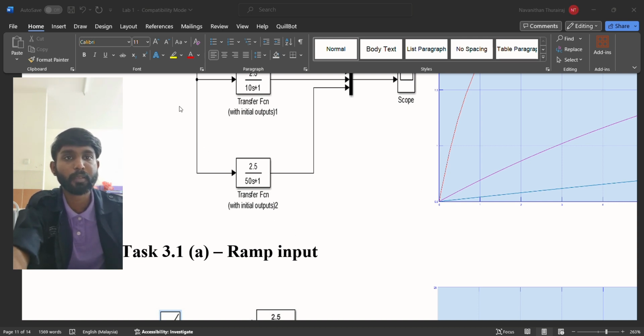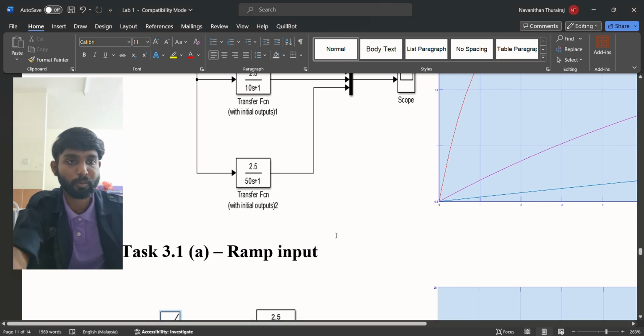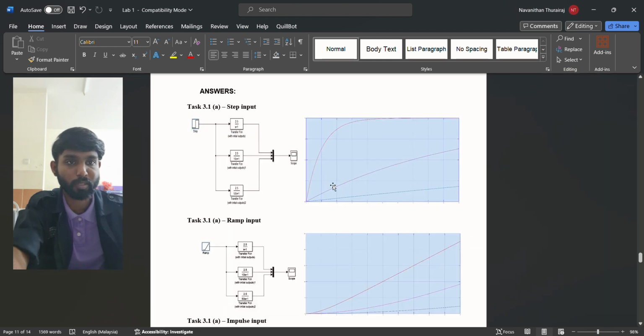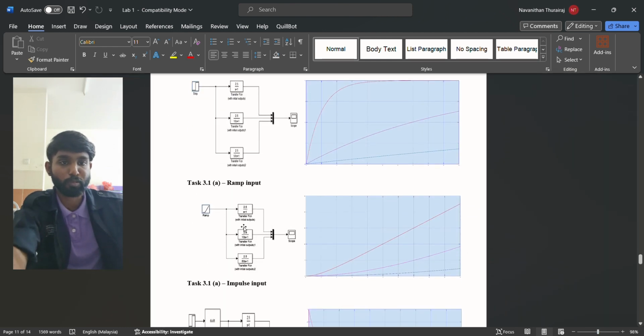Okay, correct. So now let's simulate and we can see the graph. So this is for the step, and this is the one step input. Now let's go for ramp input.